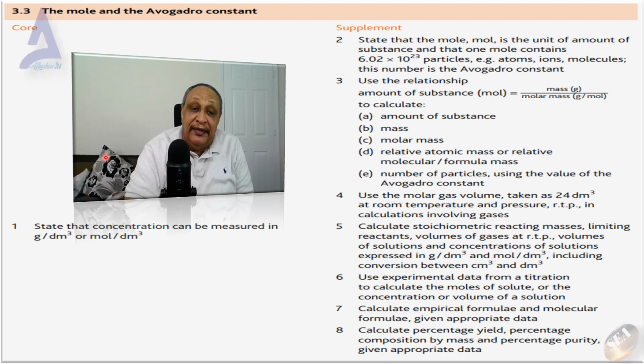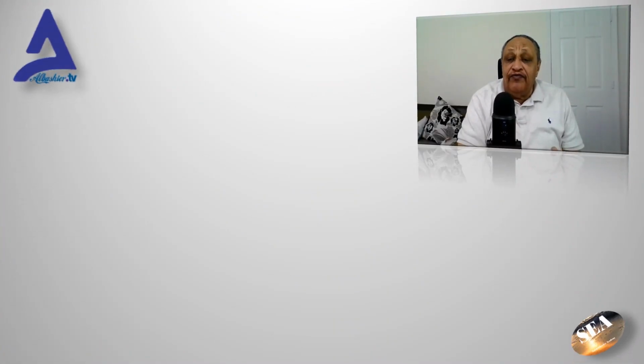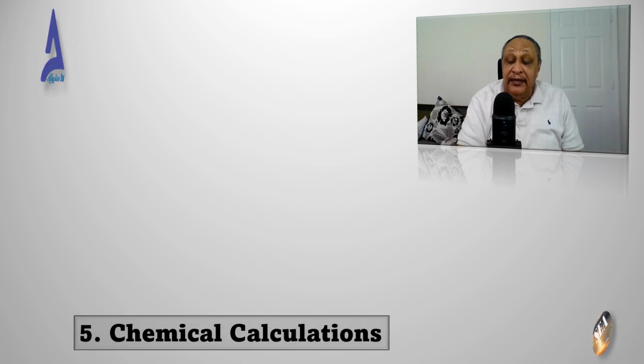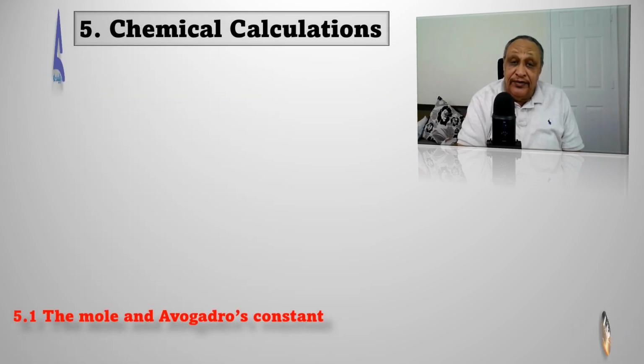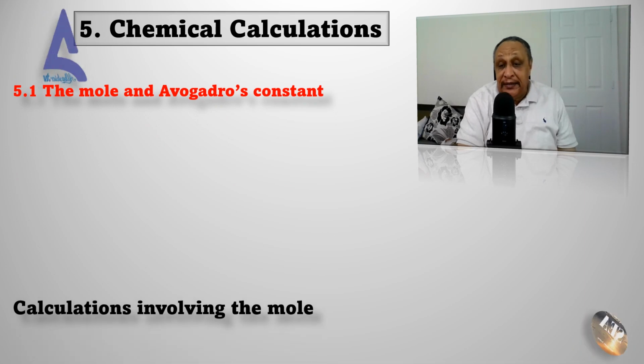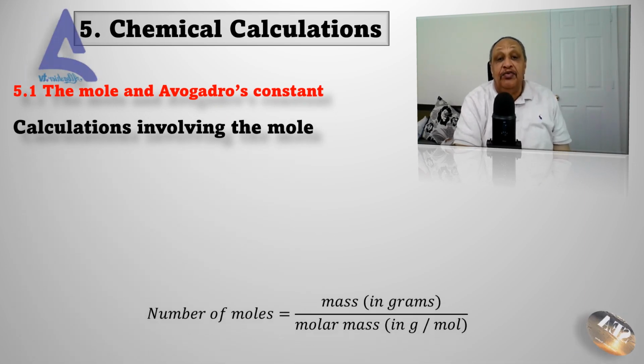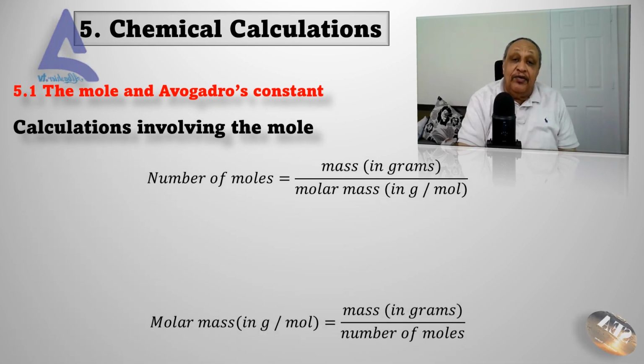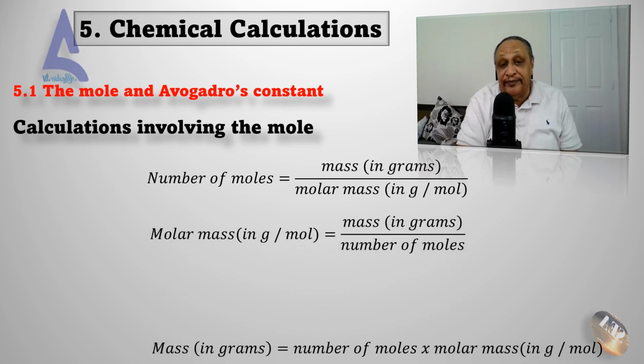Let us go and see what is going on. Based on what we have learned the last time about the Avogadro's number and also what is meant by the mole, we would like to make some calculations involving the mole.